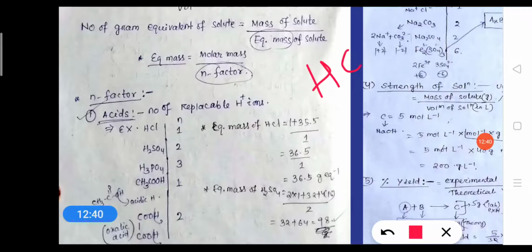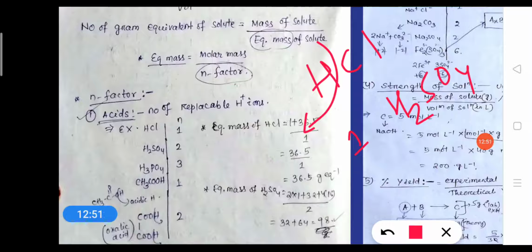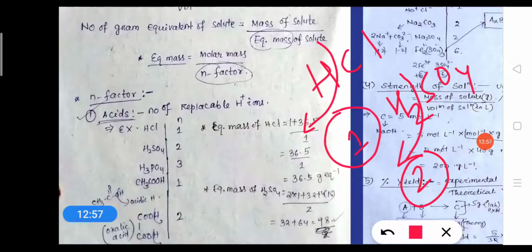In HCl, how many H plus ions can be replaced? 1 H plus ion. In case of H2SO4, how many hydrogen ions, H plus ions, can be replaced? 2. Then n factor is 1, n factor is 2. Okay, here it is given. In HCl n factor is 1, in H2SO4 n factor is 2, in H3PO4 its value is 3.